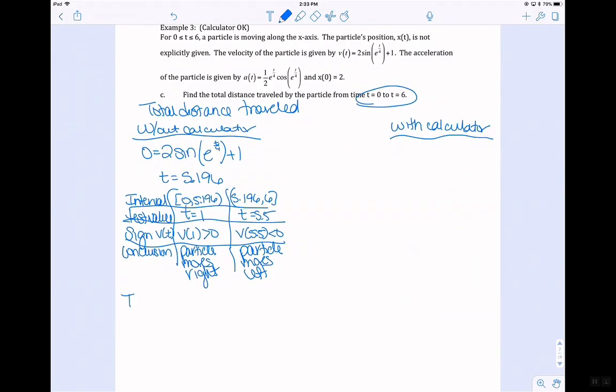So that means that for total distance traveled without a calculator, this would be equal to the integral from 0 to 5.196 of my velocity equation, 2 sine(e to the t over 4) plus 1 dt, and then I would have to subtract off the distance from 5.196 to 6 of 2 sine(e to the t over 4) plus 1 dt.